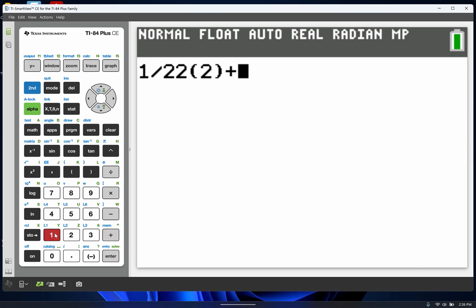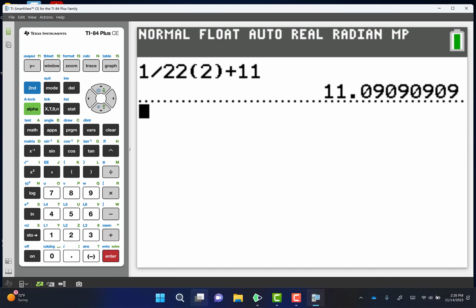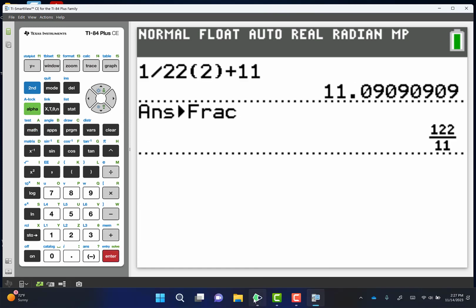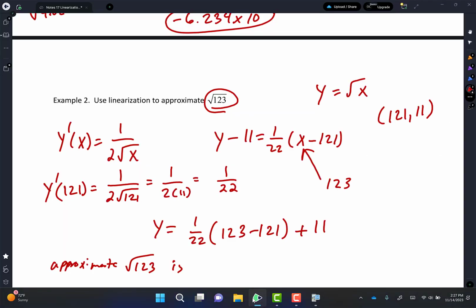That's 11.090909, and it repeats forever. That can turn into a fraction, 122 over 11. Let's see how close of an approximation that is, guys.